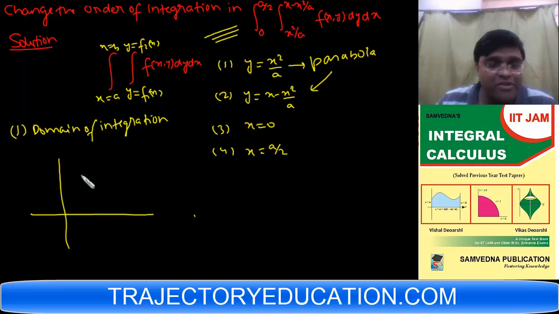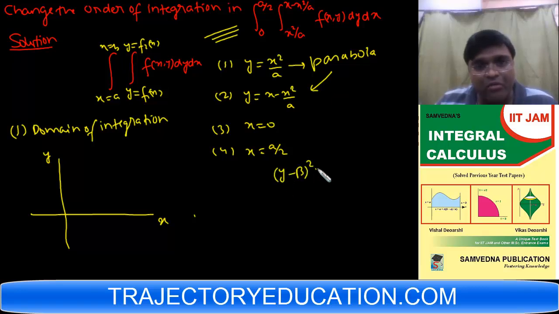Alright, this is the coordinate system x and y. See, the general equation of a parabola can be (y minus beta) whole square equals 4a (x minus alpha). So alpha and beta are the vertex. We call it the vertex, right?